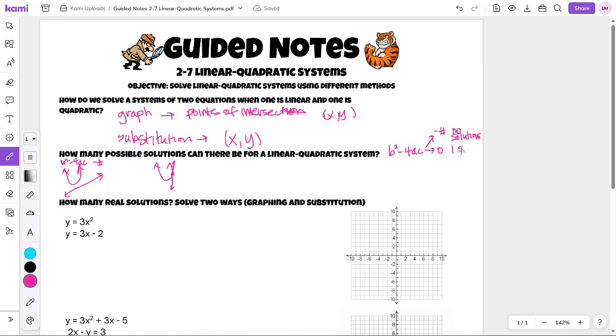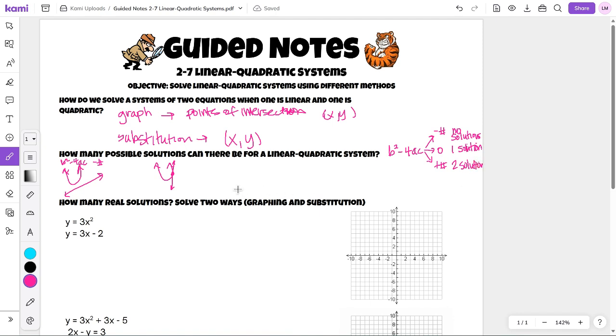So one solution for that. Again, my line only hits the parabola in one place, and that's called a tangent line. Positive number, two solutions. So I will get two intersection points.